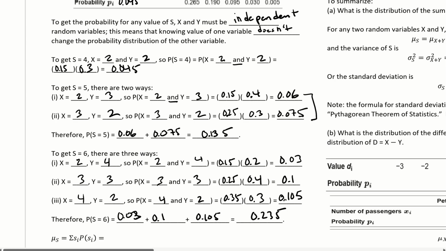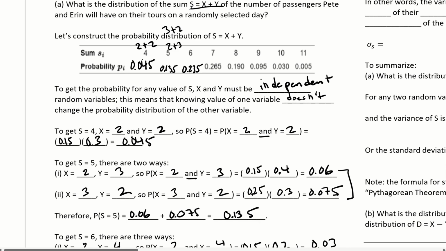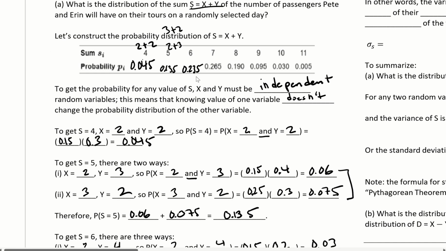So we get 0.135, 0.235. All right, folks, that's how we get these probabilities right here, okay? So that's how we get this probability distribution. So we've done 3 of those numbers. We do not have to do the other numbers because they're already filled out for us, but that's how you would find them, okay? You can do this for all of them, all right?